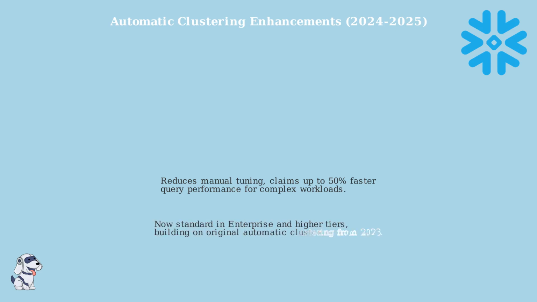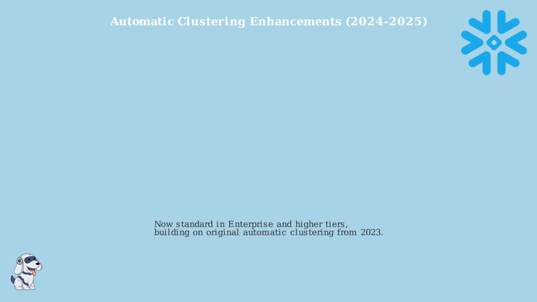This feature is now standard in enterprise and higher tiers, enhancing the automatic clustering introduced in 2023. Snowflake's ML models continuously analyze historical query data to suggest optimal clustering keys, reducing latency by 30 to 40% overall.